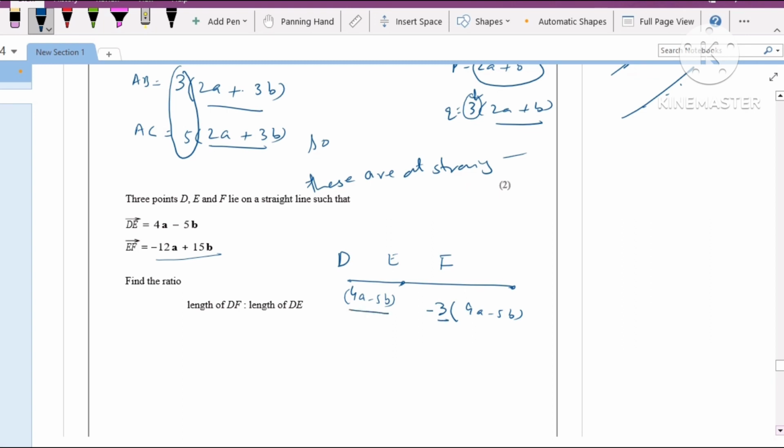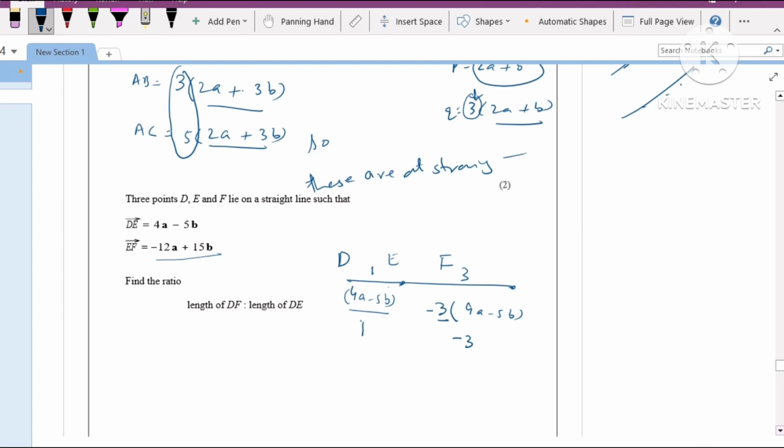So if this is 1 from D to E, from E to F this is minus 3, but we are talking about magnitudes and ratio. We are just concerned about the number, so don't worry about the sign. So this is 3 units and this is 1 unit. So from D to E it's 1 unit, from E to F it's 3 units.